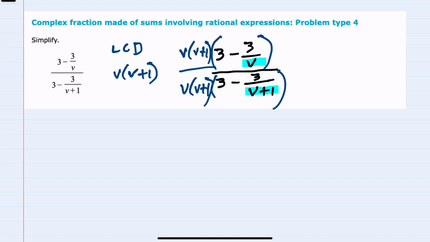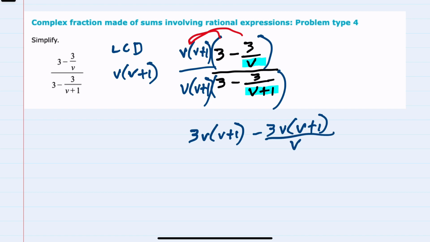And when we distribute here, starting in the top, we would have 3 times v plus 1, and then distributing to the second part, a minus 3 times v plus 1, but that second part is over a v.